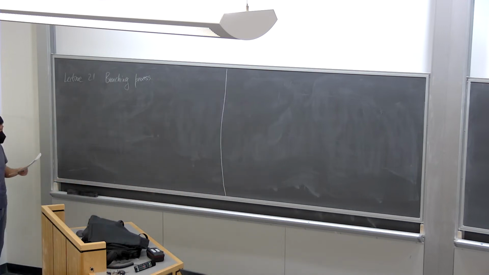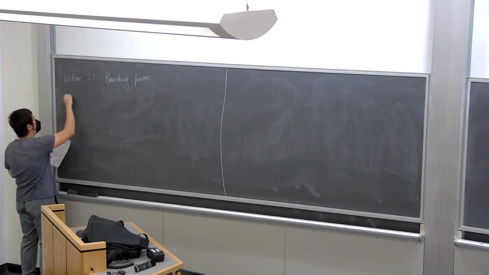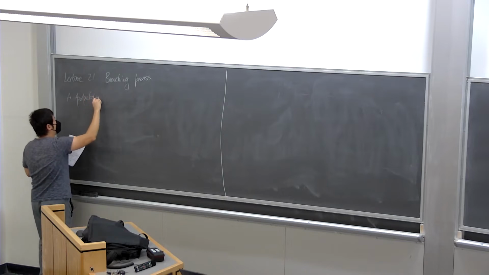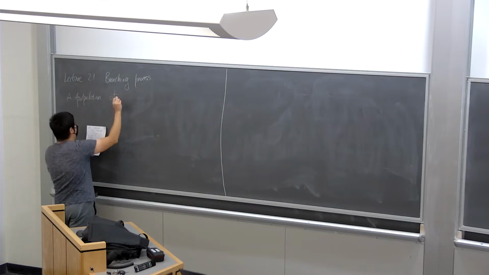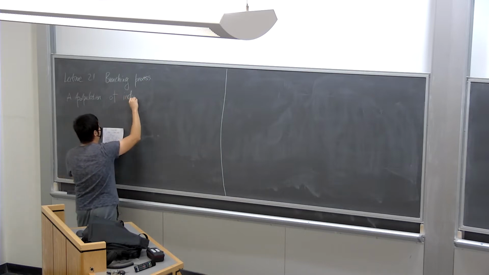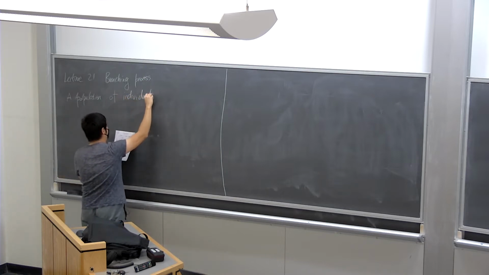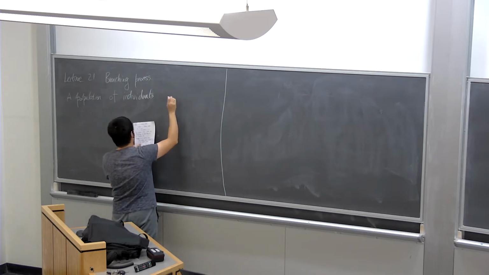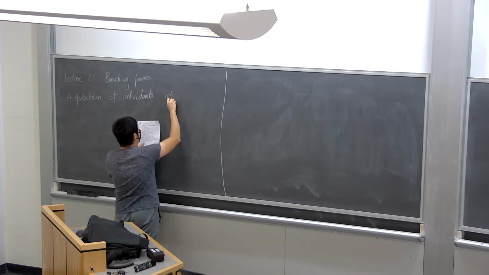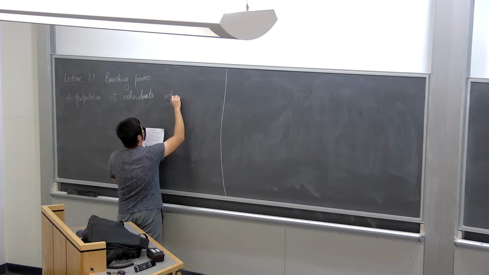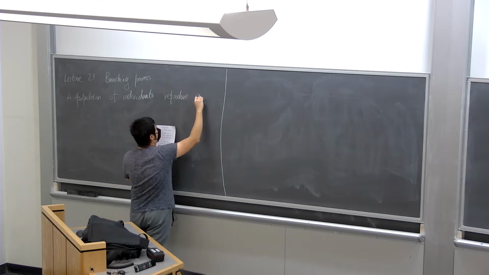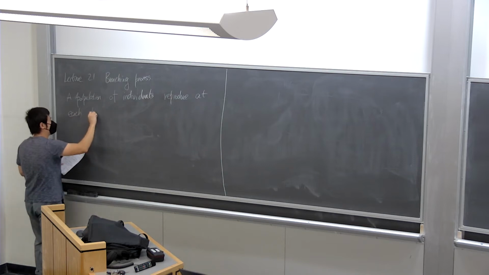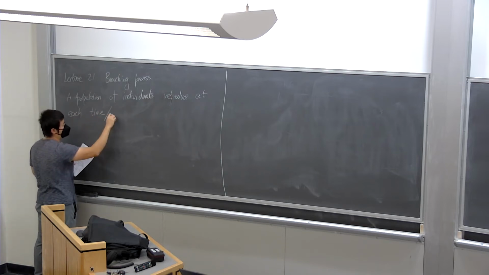We can think about this as the population of individuals that reproduce at each time step n, or sometimes we'll also call this level.